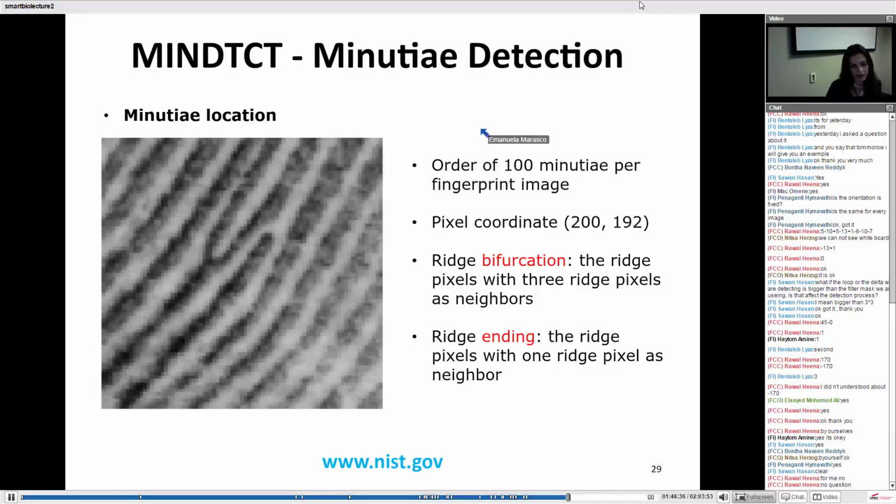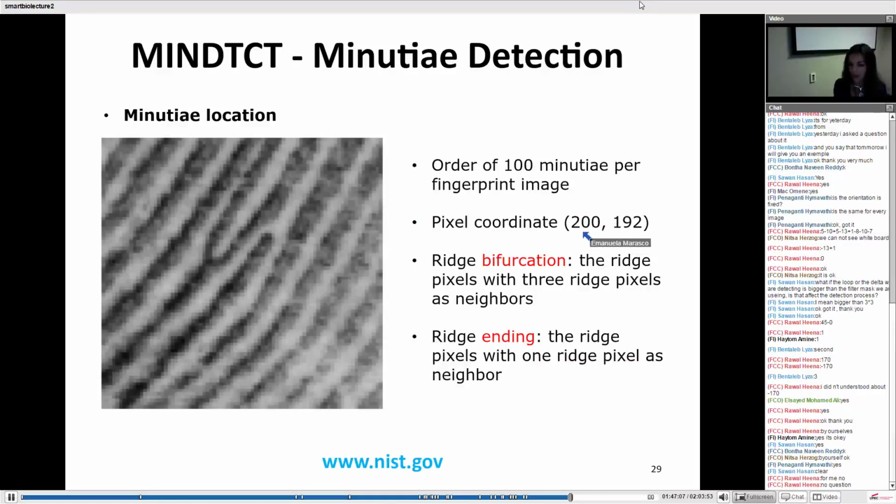There are standards, more than standard, from NIST, with freely available source code that can be used to locate and extract the minutia. So this is minutia detection. We usually have an order of 100 for fingerprint images like the slab, but more for a rolled fingerprint, for example.